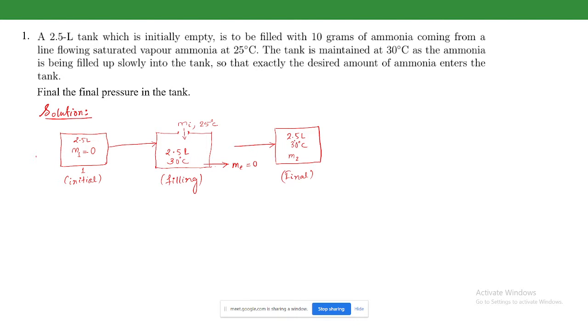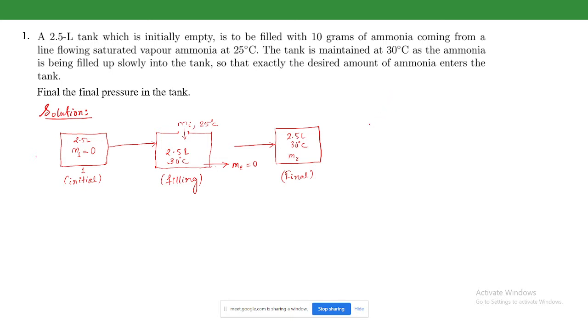Finally, after a certain pressure is attained, the flow of ammonia is closed, and we have to find out, when this 10 grams of ammonia has entered the system, what is the final pressure inside the tank?